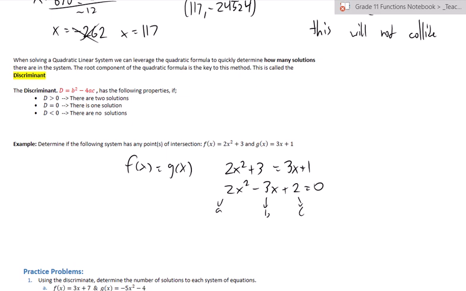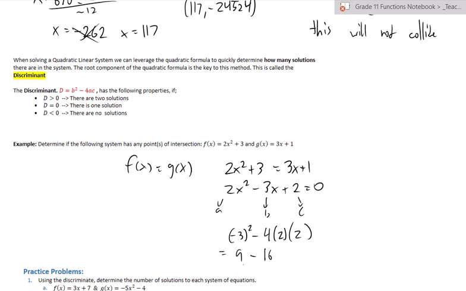Now our discriminant is b squared, so that gives us negative 3 squared minus 4 times a, which is 2, times c, which is also 2. 3 squared gives us 9 minus 4 times 2 times 2, which is 16.